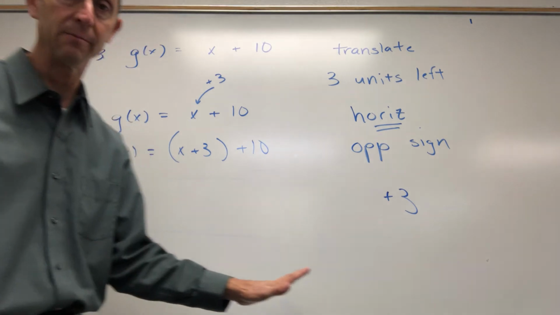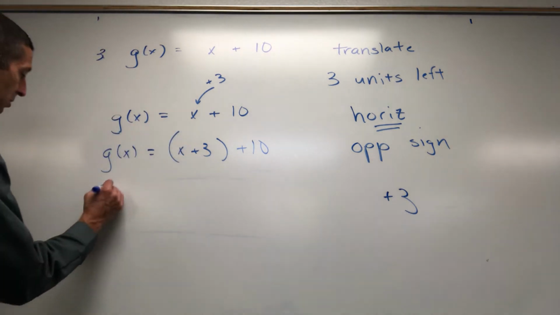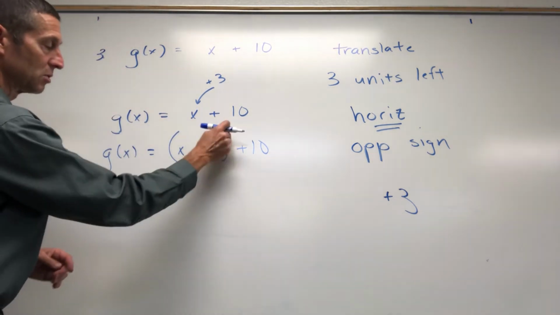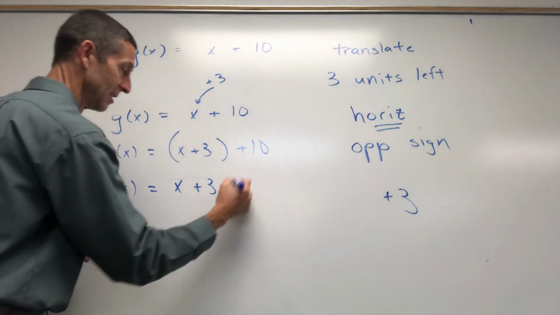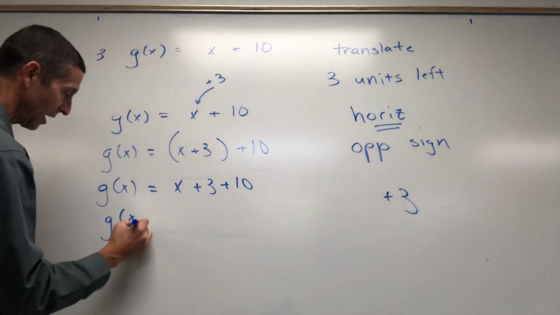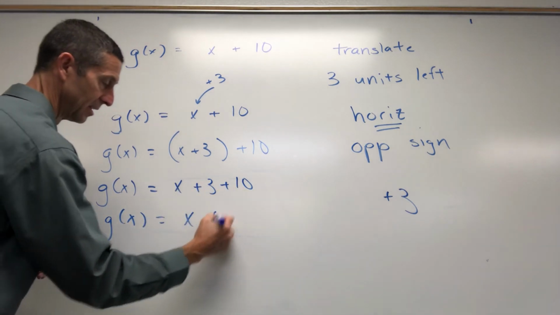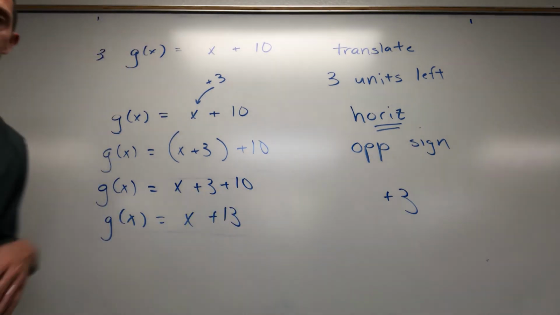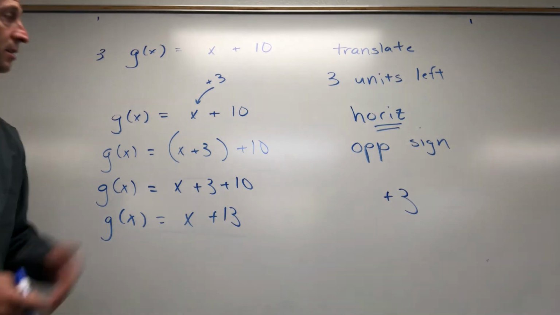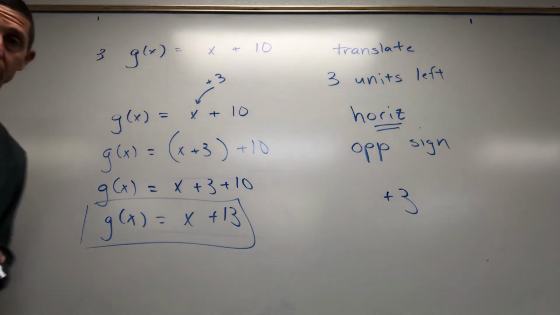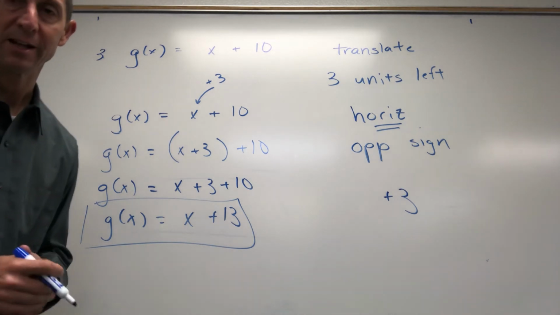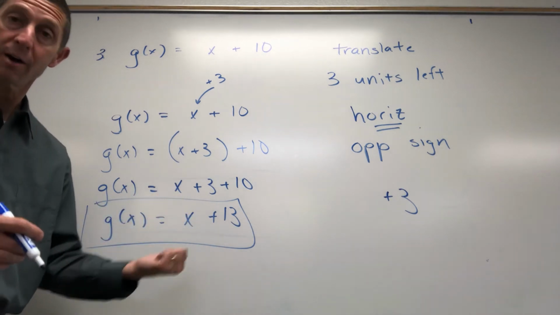Vertical, keep the sign the same. Do a little math, clean this guy up. There's no square, there's no absolute value, so we can just drop the parentheses. We've got 3 and 10, x plus 13. Do the math, get your new equation. That's what you're being asked to do on these problems.